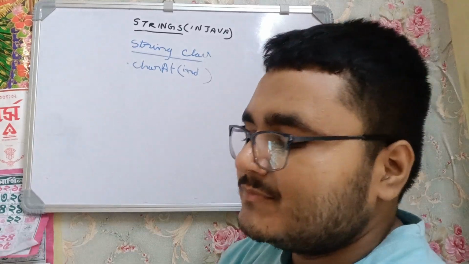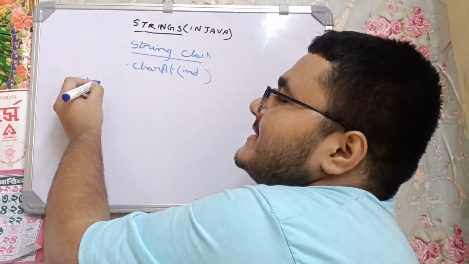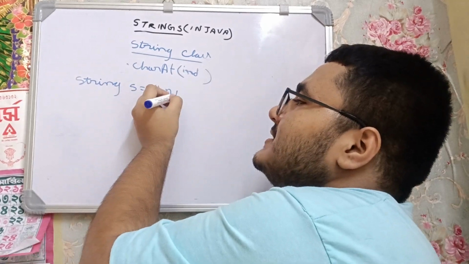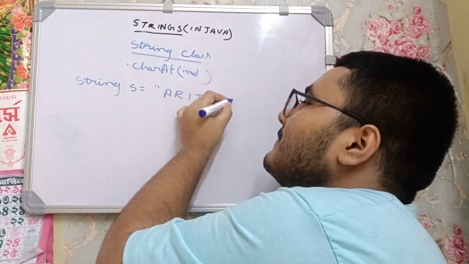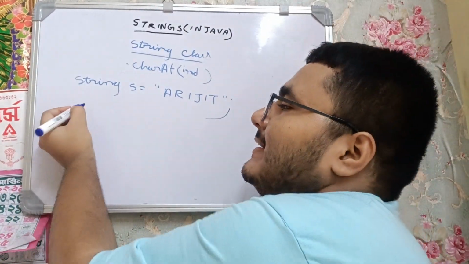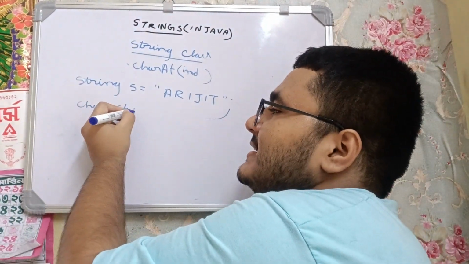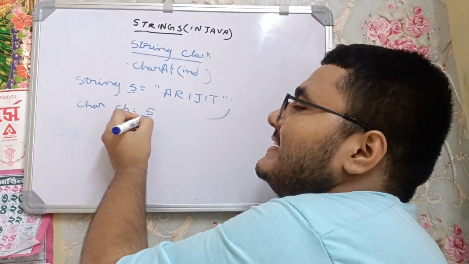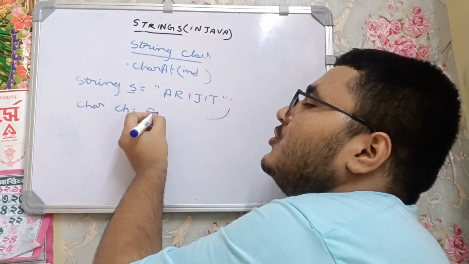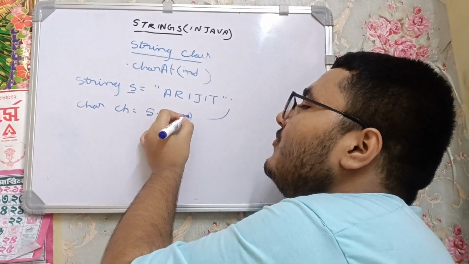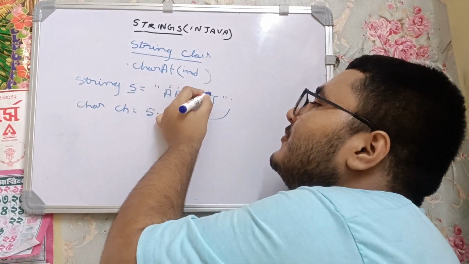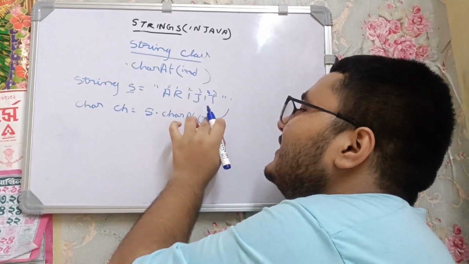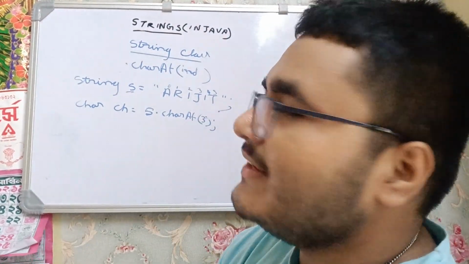If I am writing a string, say s is equal to origin, then char ch is equal to s dot charAt of 3, where 3 is the index value, counting 0 1 2 3.